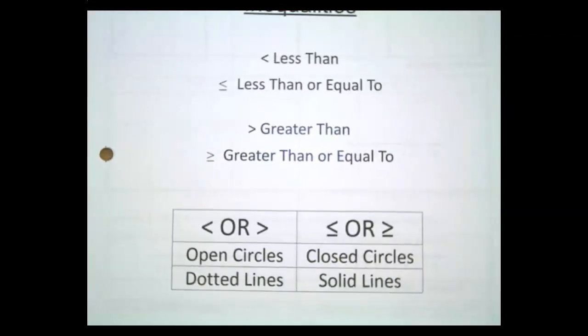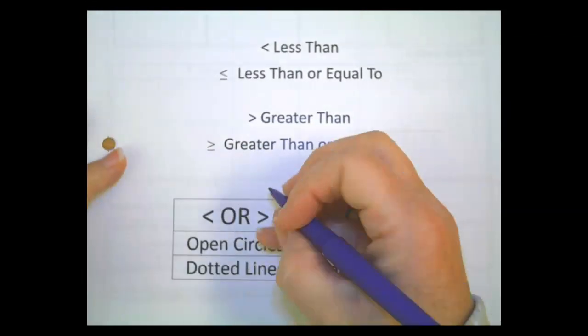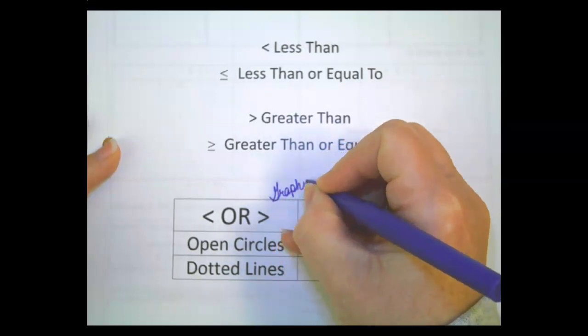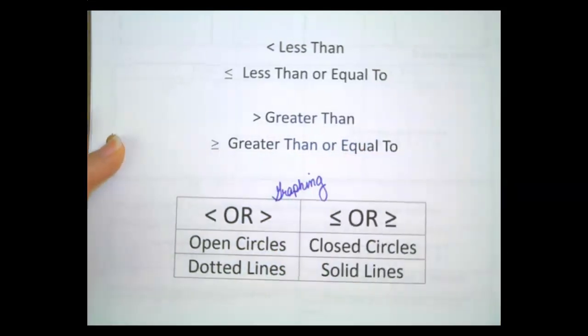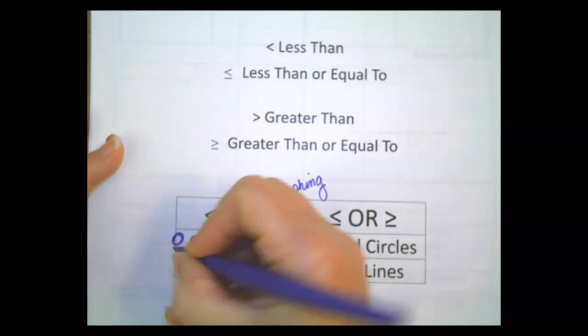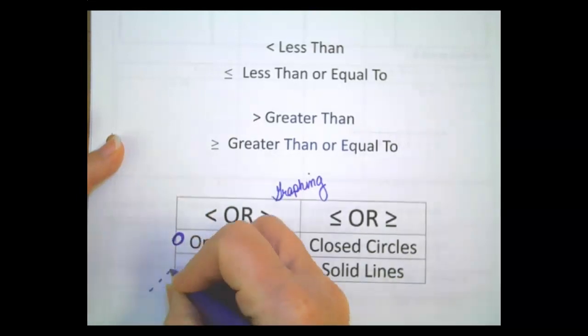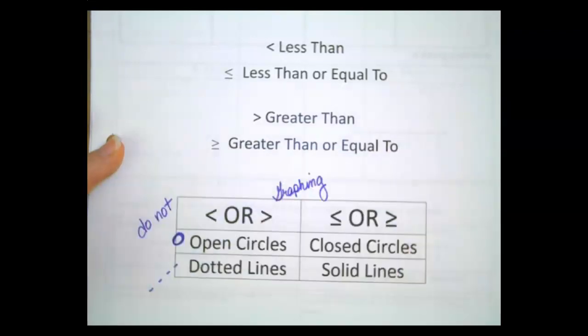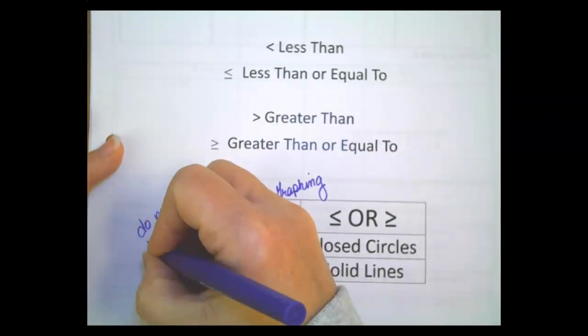All right, so this has to do with graphing. When you're graphing and you have your less than or greater than signs, you will use an open dot, an open circle, or a dotted line because it does not include your value.